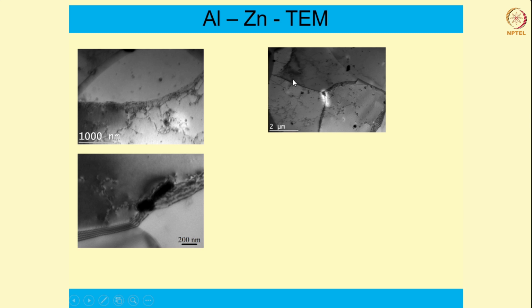Okay, so here you can see a number of these dislocation boundaries are formed, dividing this big grain into three smaller grains. Okay, so the moment these subgrain boundaries or these low angle boundaries formed by dislocation rearrangement turn into high angle boundaries, this grain will be divided into three smaller grains. So that is how the grain size will be refined.